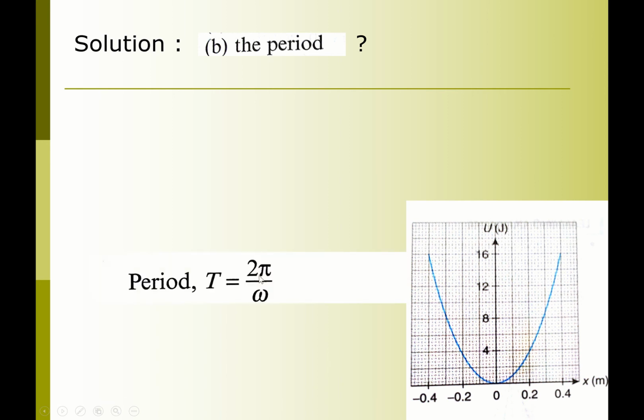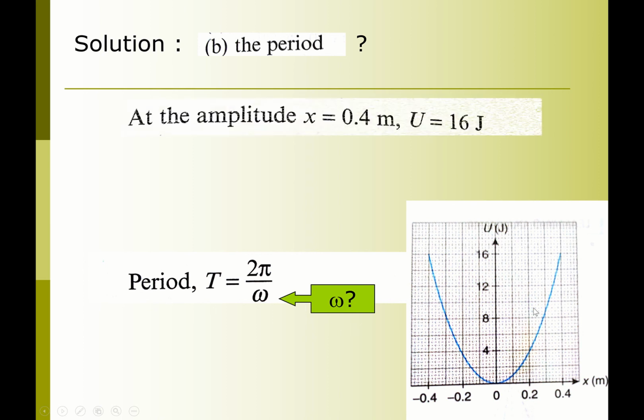To find the period, we can use omega equals 2 pi f and f equals 1 per T. So we rearrange the equations, T equals 2 pi over omega. But we don't know the omega or angular frequency. To find the angular frequency, we can read from the graph here.